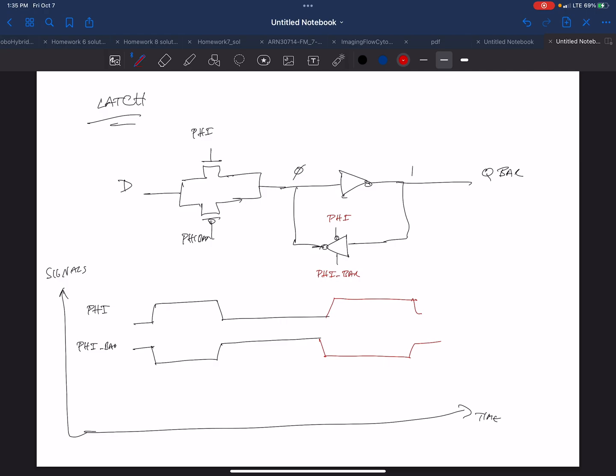And now, if my D is doing something here, remember this is Q bar because I only have a single inverter in between D and Q bar. So it looks like this.